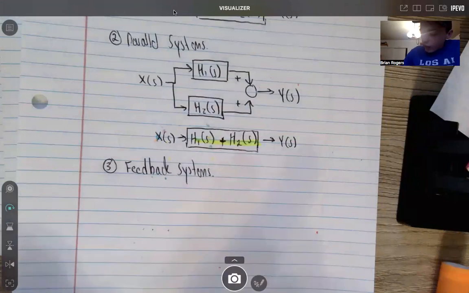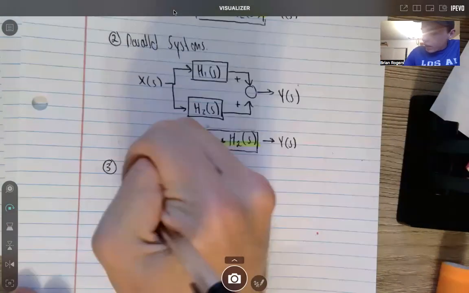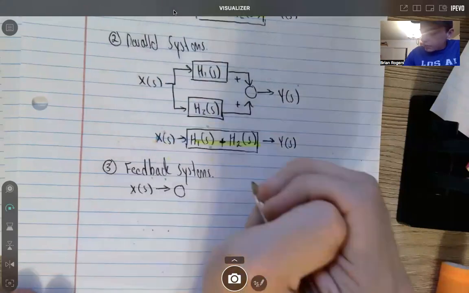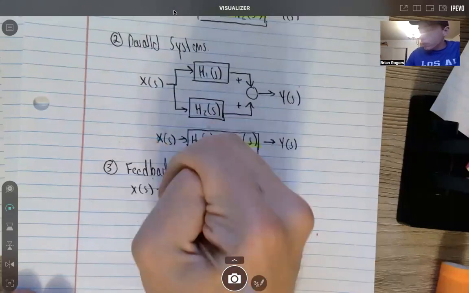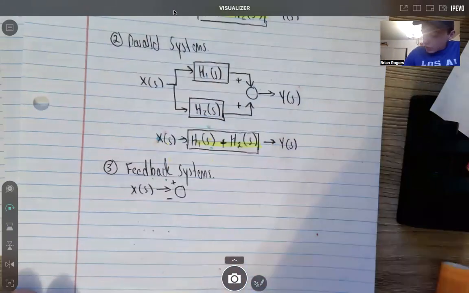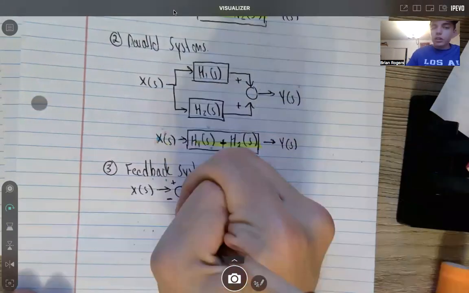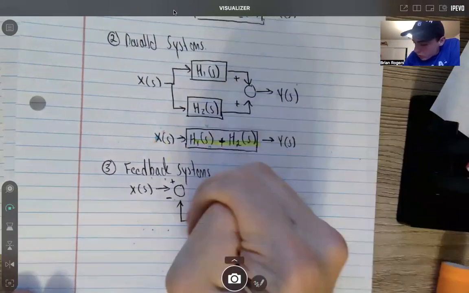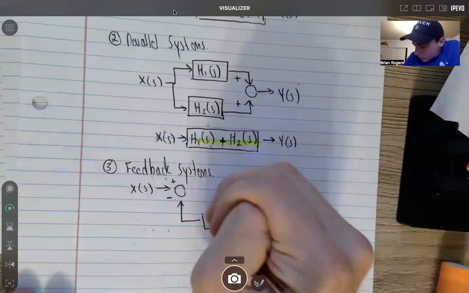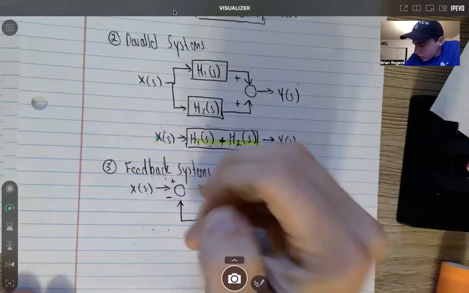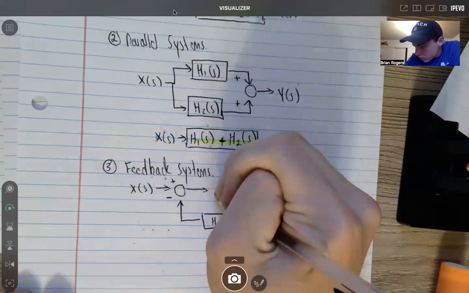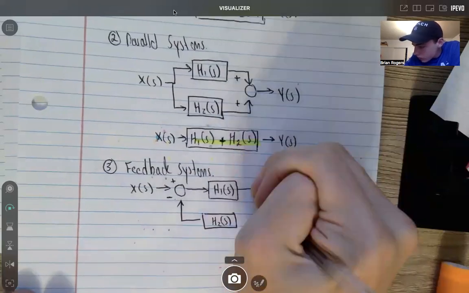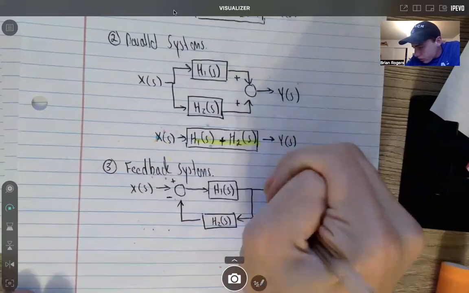And so for x of s, the reason it has feedback is, remember when we had feedback in an operational amplifier, and that feedback always went to the inverting terminal. So here that inverting terminal is replaced with the minus here. And so now we have this H2 of S, and then our other system is H1 of S here. And then it's going to go down, and then we have Y of S here.